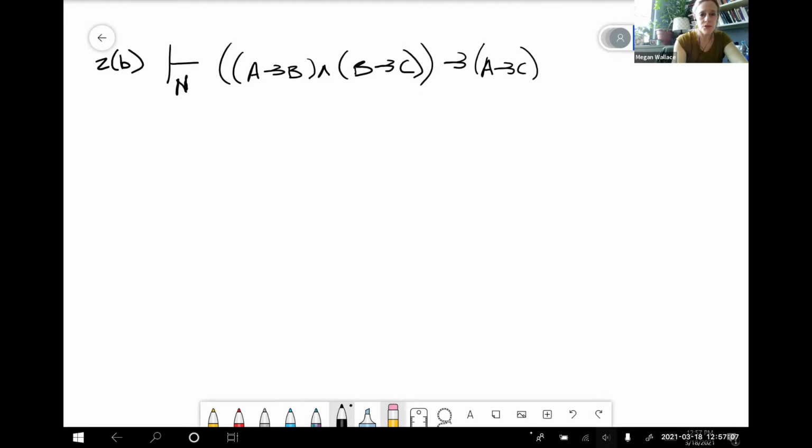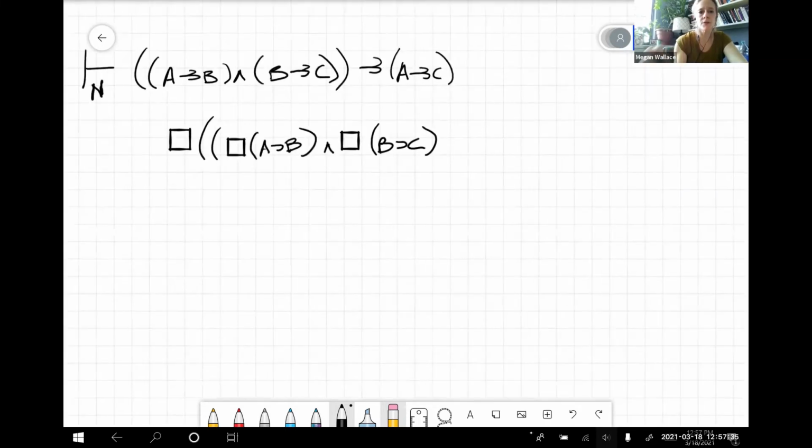Because this is a giant fishhook claim, it means that we've got a necessity claim out in front. And then inside the necessity claim, we've got this conjunction made of two conditionals. So it's box A, then B, and box B, then C. That's that first part of the conditional.